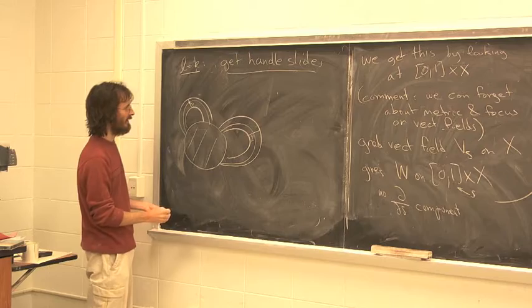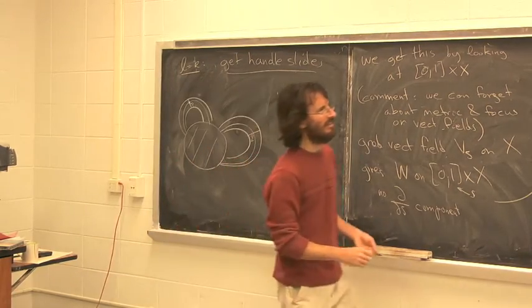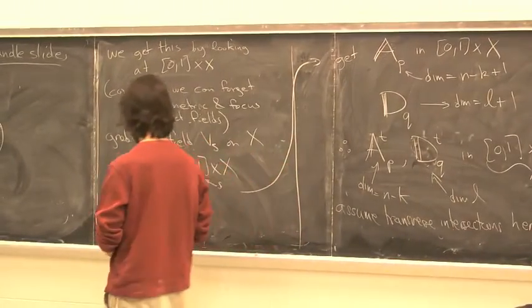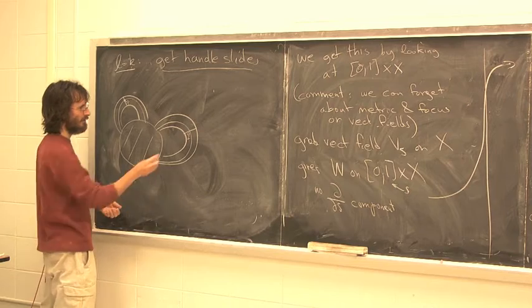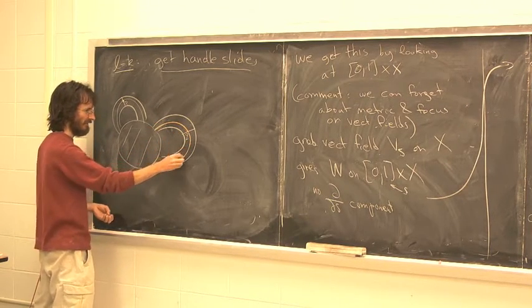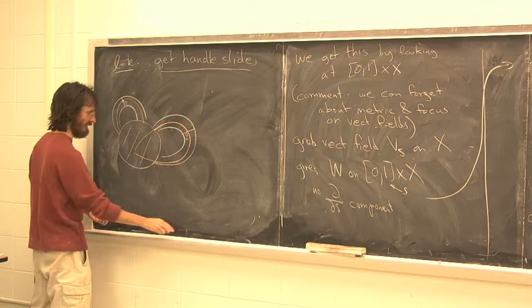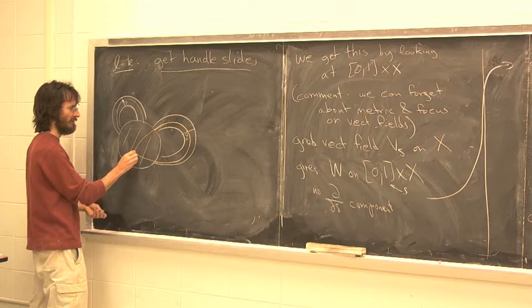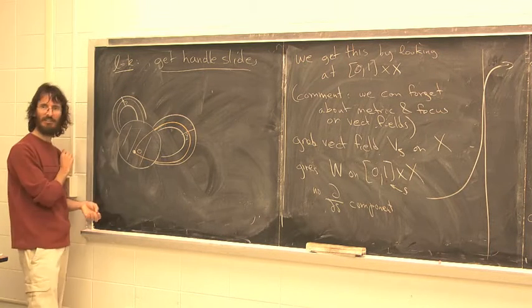Let me draw the ascending manifold for P and the descending manifold for Q. The descending manifold for Q comes down here, and depending on how far we want it to go, it actually goes all the way to the index 0 critical point. And then here the ascending manifold for P is just that little thing.